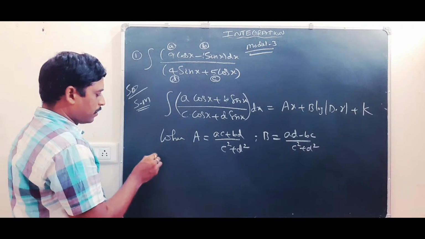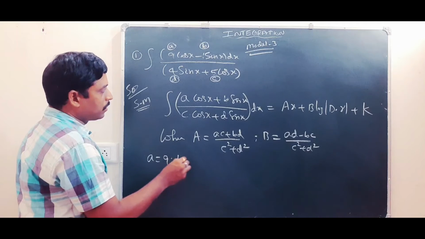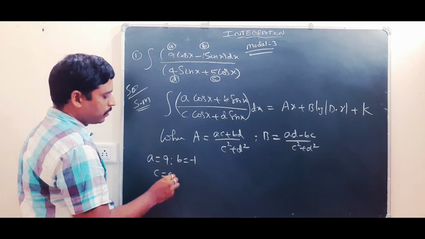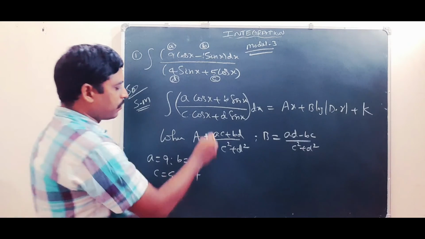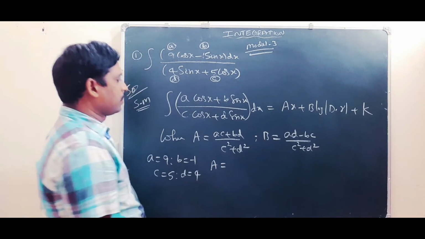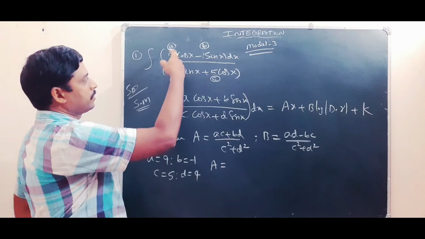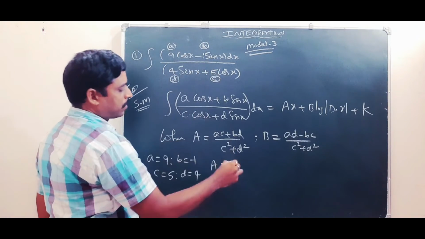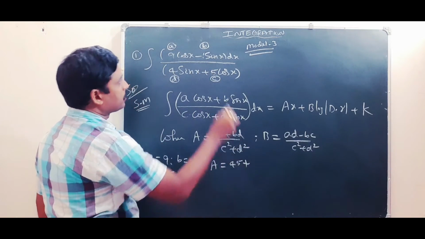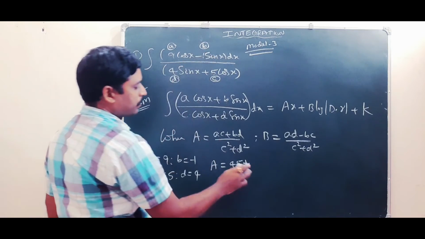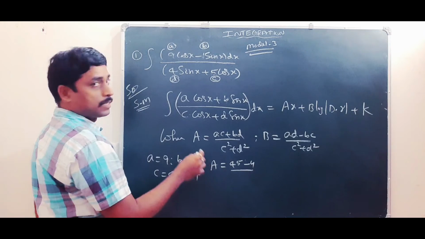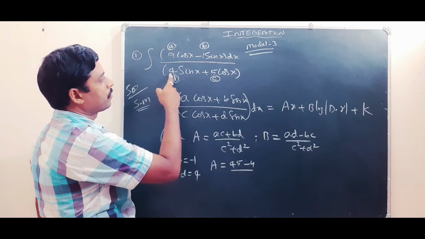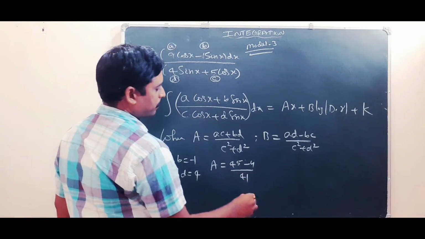First we have to find the a value: ac plus bd, 9 times 5 is 45 plus bd, which is minus 4, by c square plus d square, 4 square plus 5 square, 41.